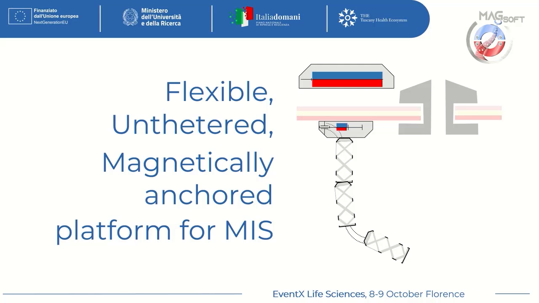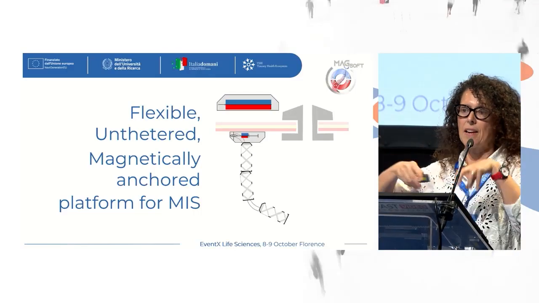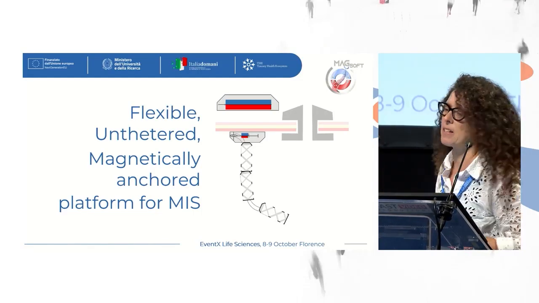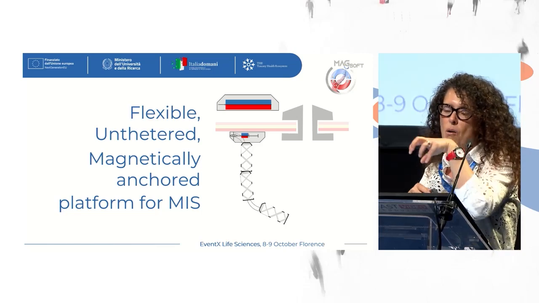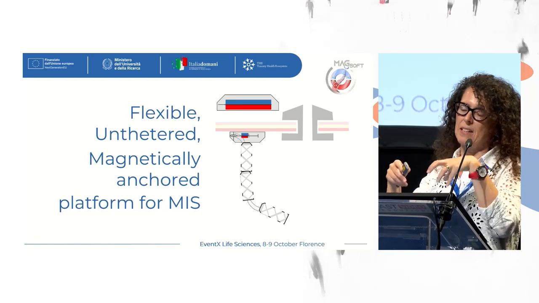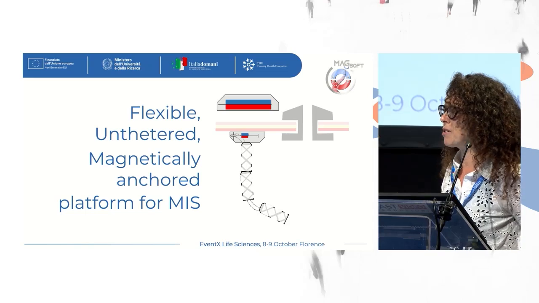First of all, a sort of small pulley that is fabricated with a magnet and a set of modules. Then you can anchor by using an external magnetic field this module quite freely inside the abdomen. Then you can make your operation.